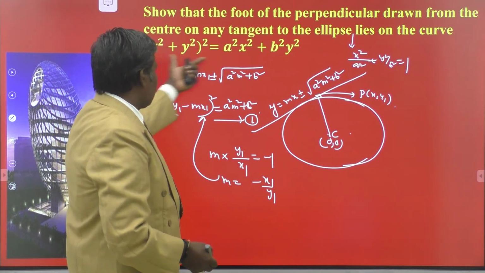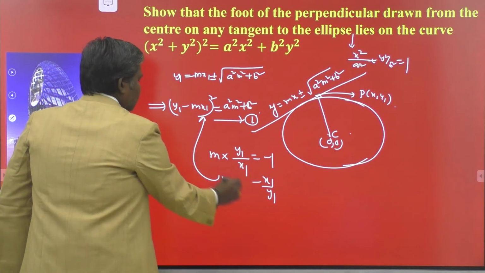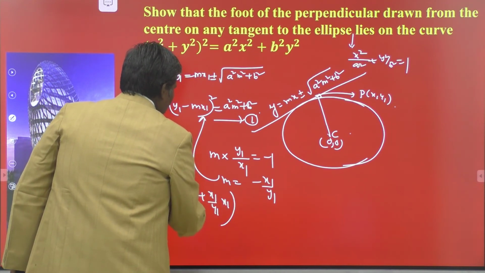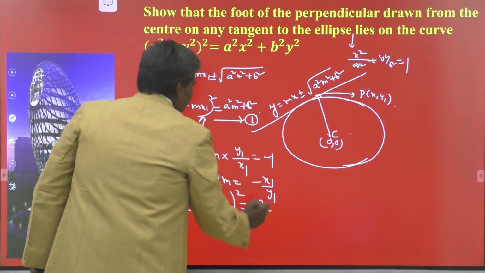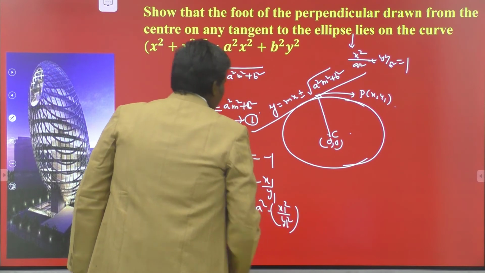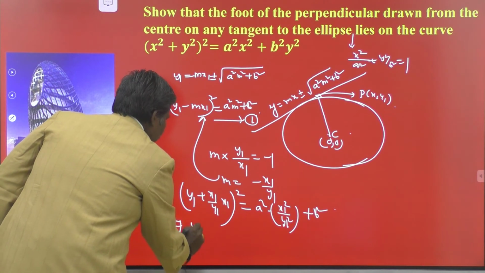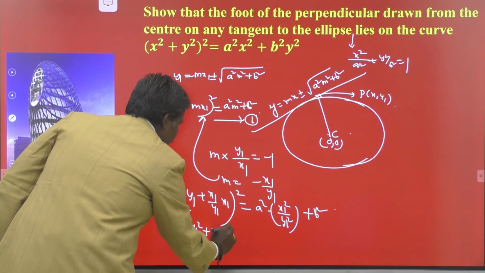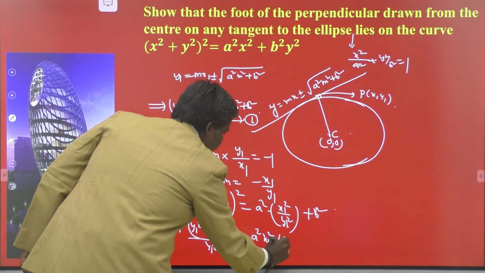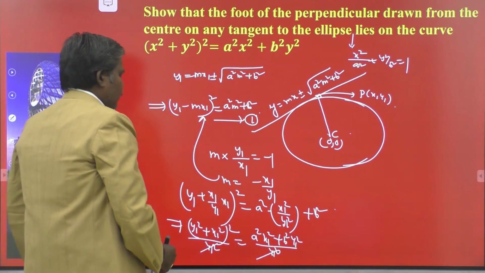From that condition, we conclude that (x1, y1) lies on our curve. So (y1 + (x1/y1)·x1)² = a²·x1²/y1² + b², which implies ((y1² + x1²)²)/y1² = (a²x1² + b²y1²)/y1². The y1² gets cancelled.